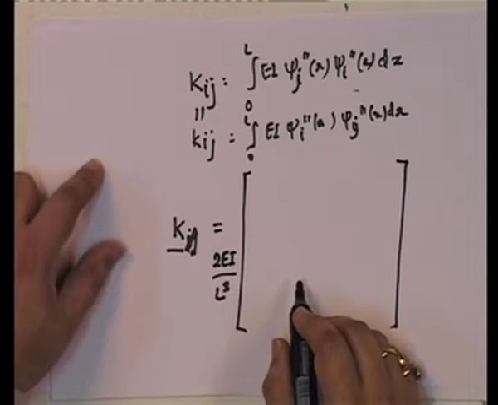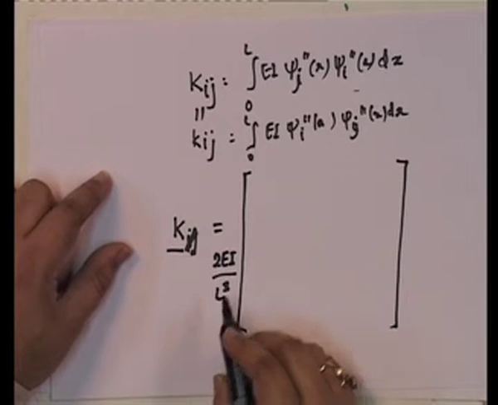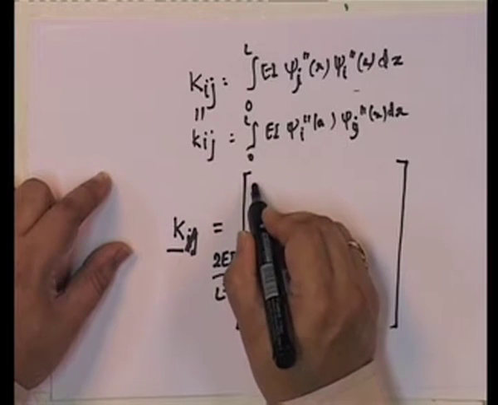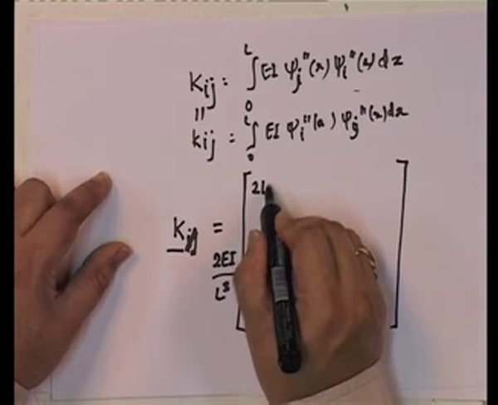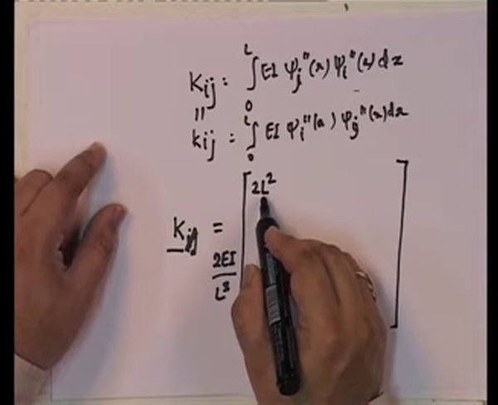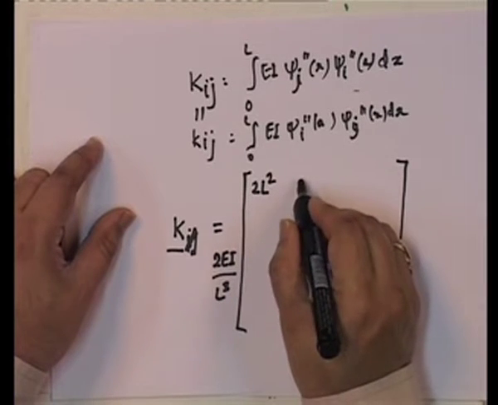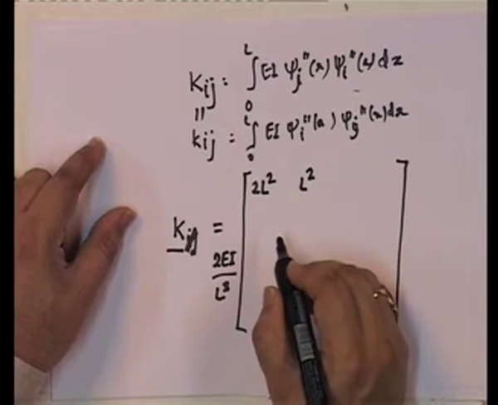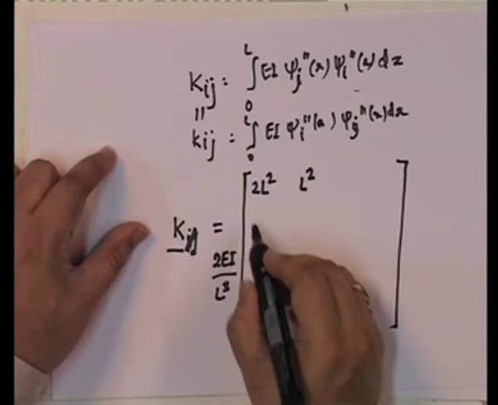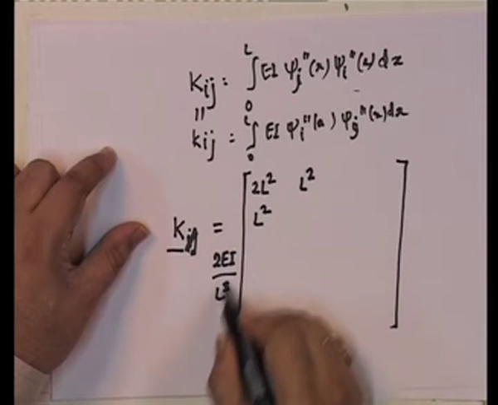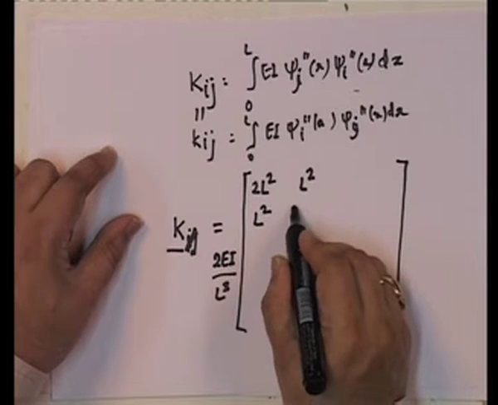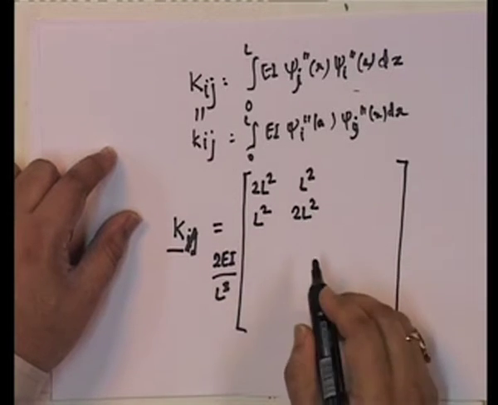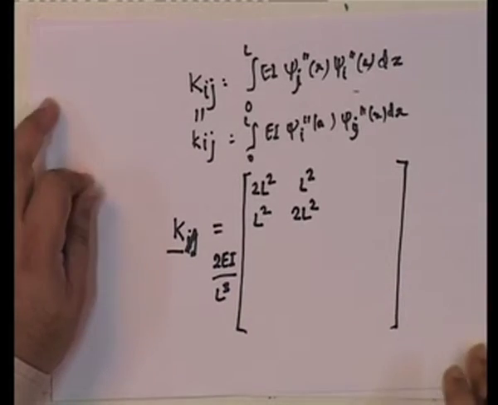If I put this outside, then inside this becomes 4 E I by L. This one is 2 E I by L. This is 2 E I by L. So, you will see that this is what you get. This is 4 E I by L. We know this. I am just filling this up.